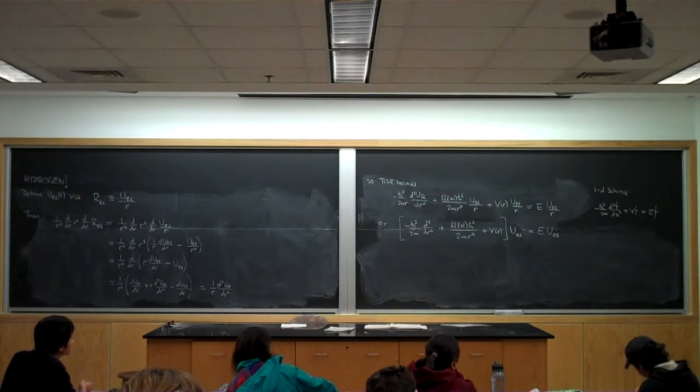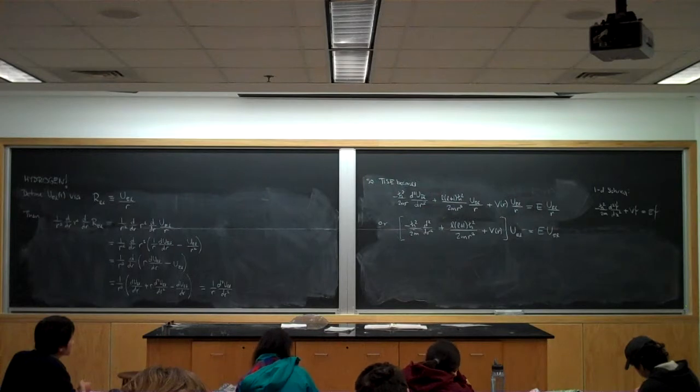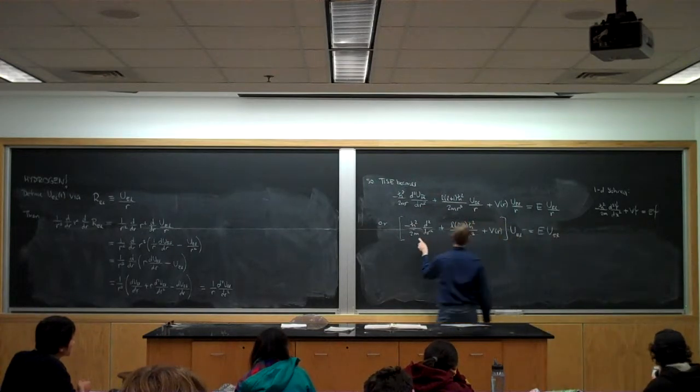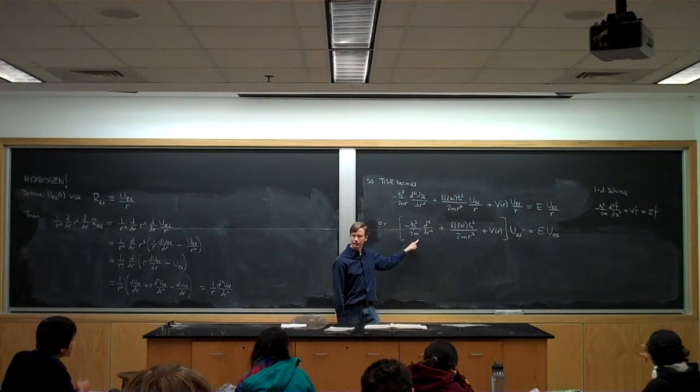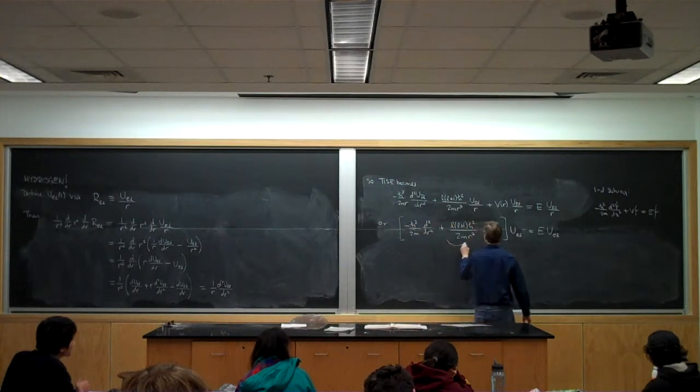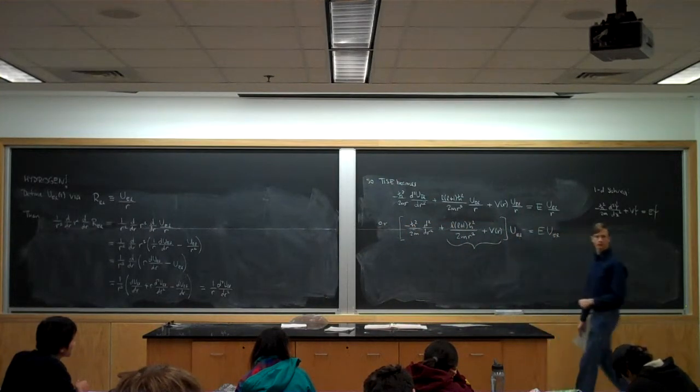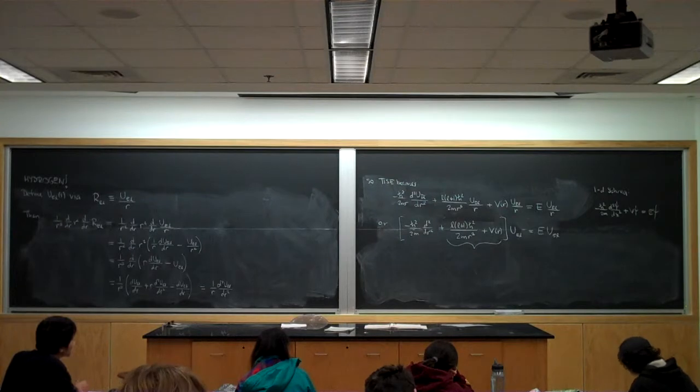That's the one-dimensional Schrodinger equation. Look at what we have here. It looks exactly like it with what we call an effective potential, V of r plus l(l+1) h bar squared over 2mr squared.